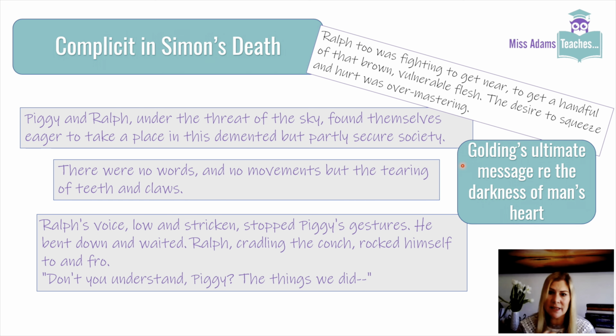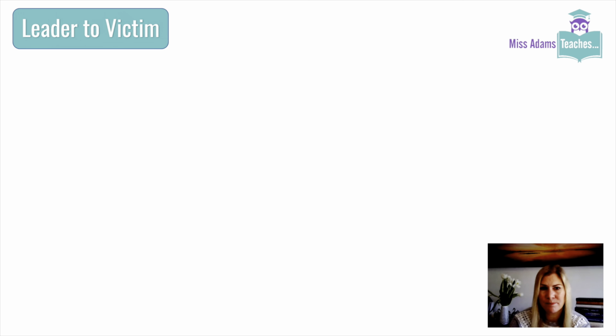He knows that he killed civilians, so he knows that he committed atrocity, i.e. he felt that every single person was capable of committing these kinds of dark acts. And so Ralph, our protagonist, taking part in killing Simon, echoes this idea.